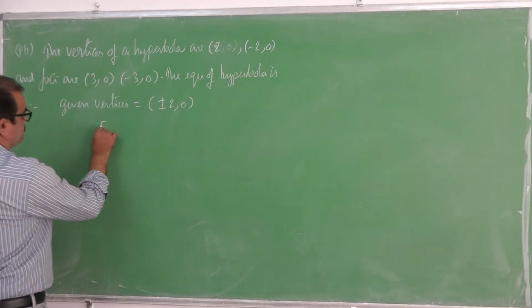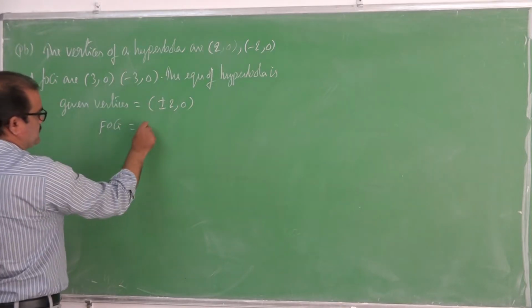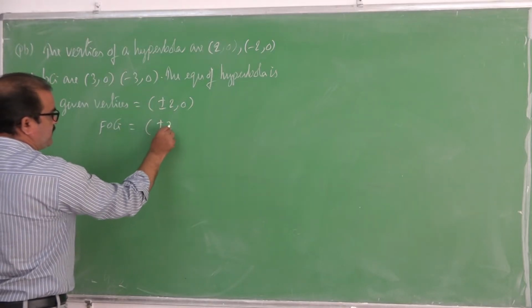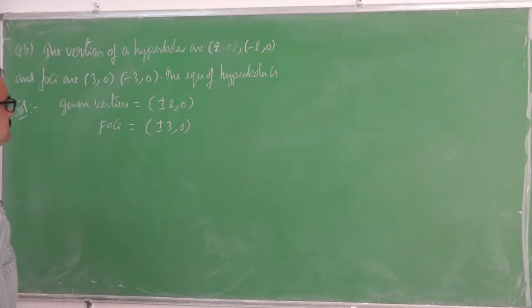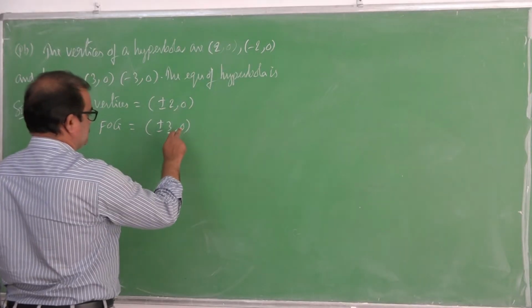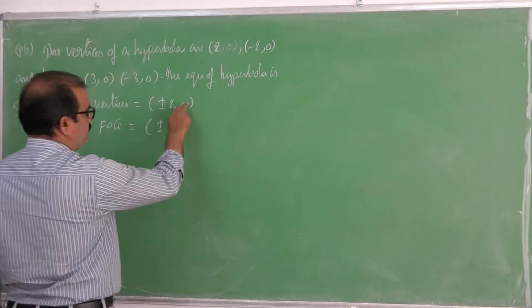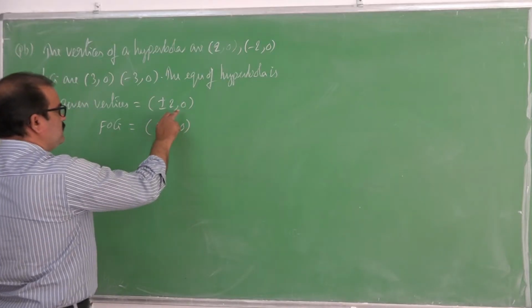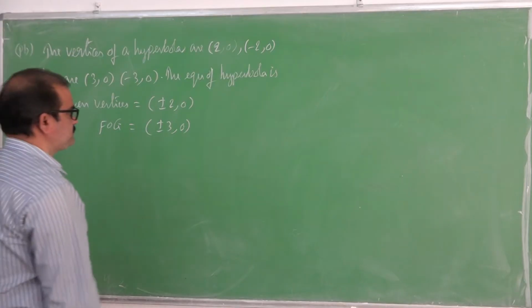Foci (3, 0), (-3, 0). Write it as plus or minus 3, 0. You observe that in both vertex and foci, y coordinate is 0. If y coordinate is 0, then the point lies on x-axis.